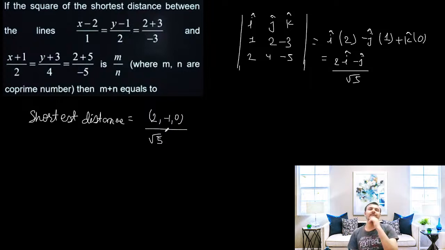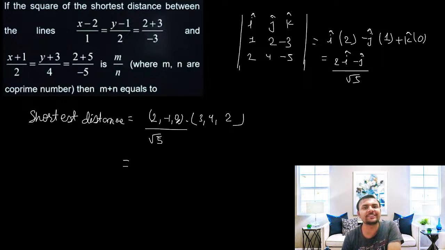A cross B dot this: 2 minus of 1 is 3, 1 minus of minus 3 is 4, minus 3 minus of minus 5 is 2, and z has no component, so it is going to be 0 only.